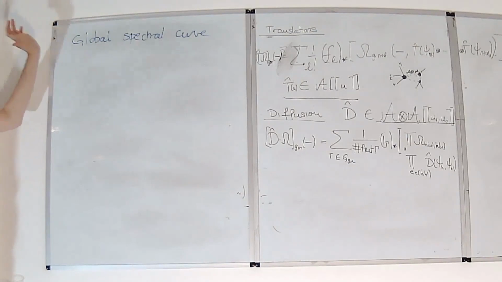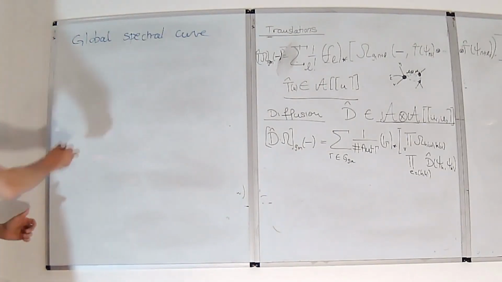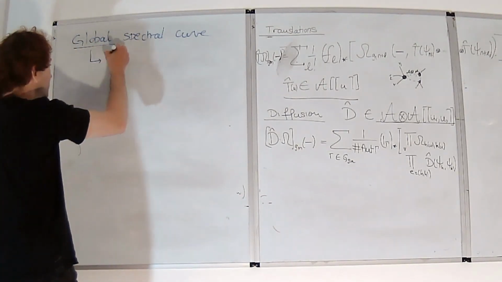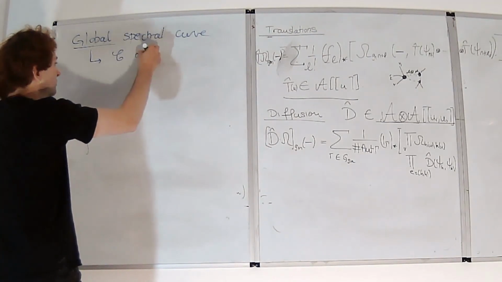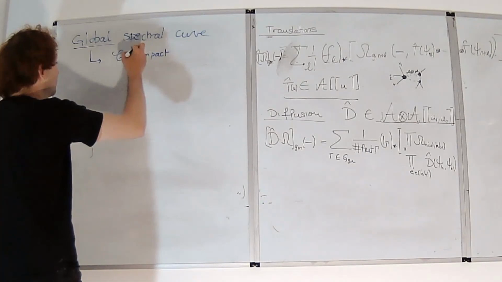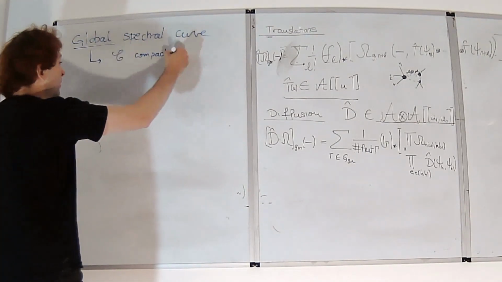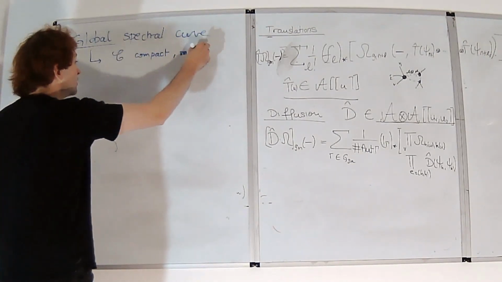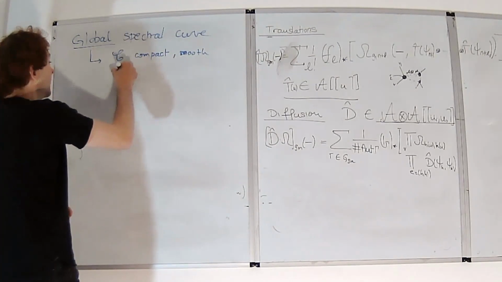But when there's a global geometry where your curve is compact, so what I will mean by global more precisely is that the spectral curve is compact, smooth, of course, and dx is meromorphic.